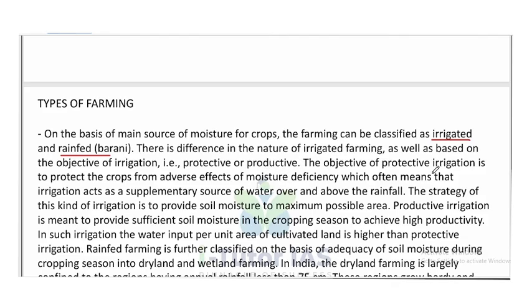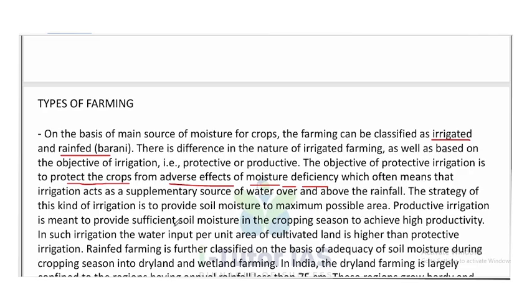The objective of protective irrigation is to protect the crops from the adverse effect of moisture deficiency, which often means that irrigation acts as a supplementary source of water over and above the rainfall. The strategy of this kind of irrigation is to provide soil moisture to the maximum possible areas.